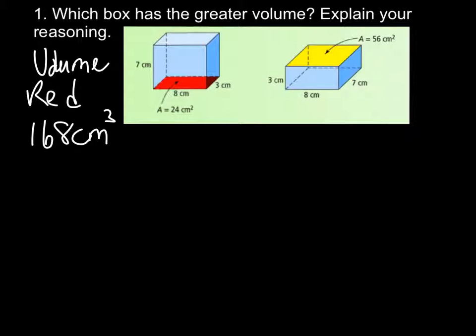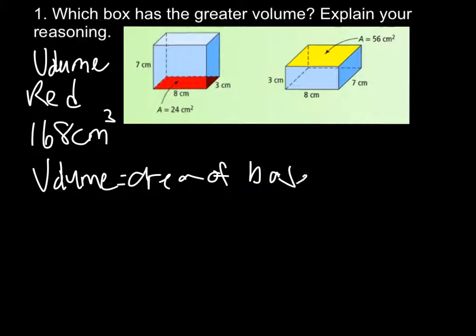Now that we found the volume of the red box, let's find the volume of the yellow box. Okay, so again we're going to get area of the base times the height. Our area of the base is this yellow part here.